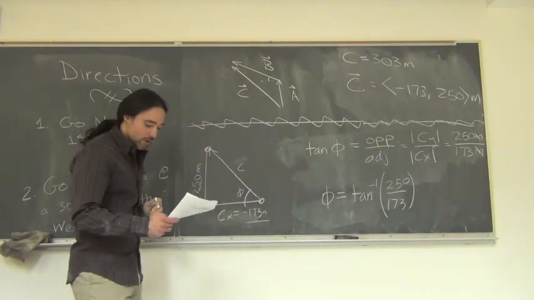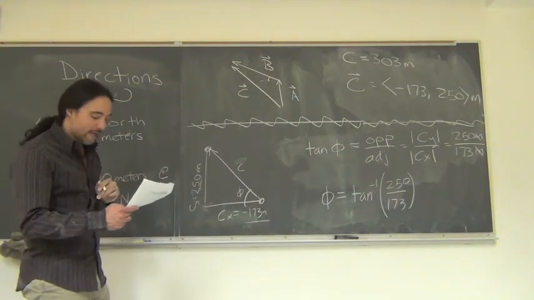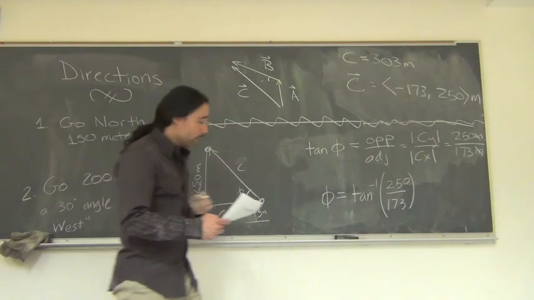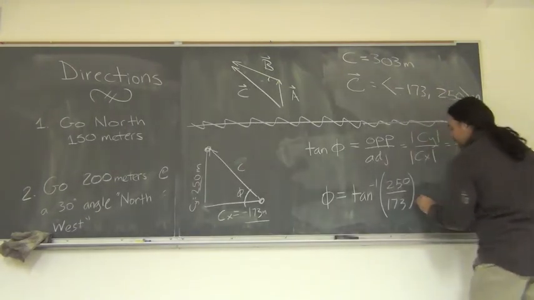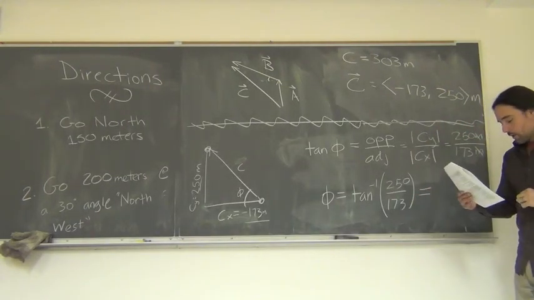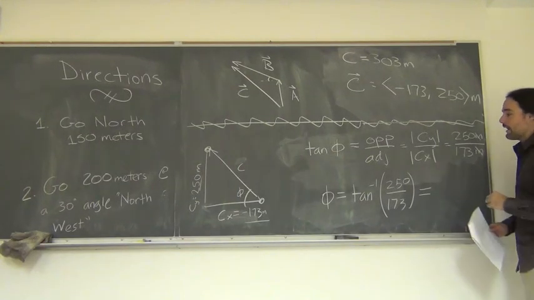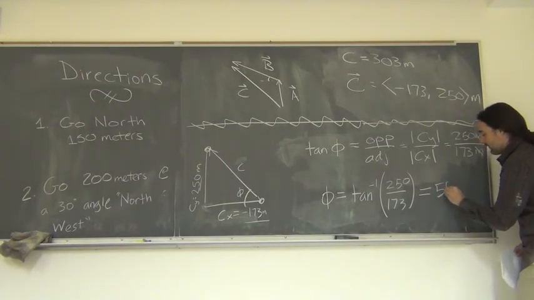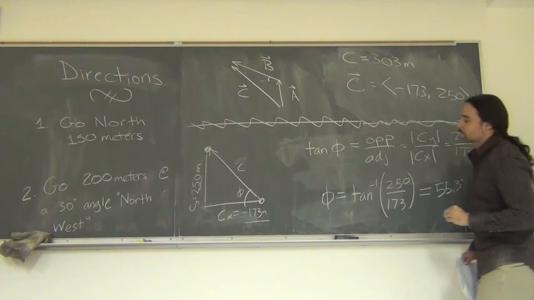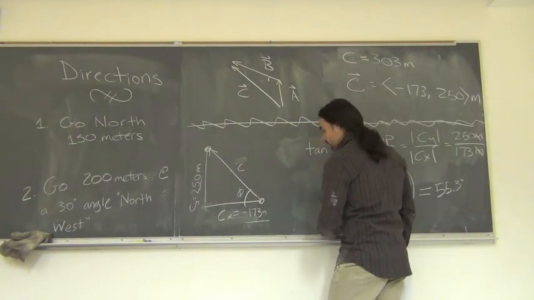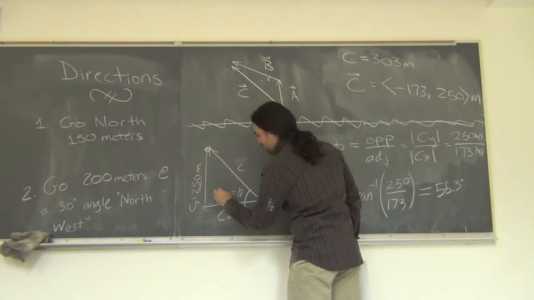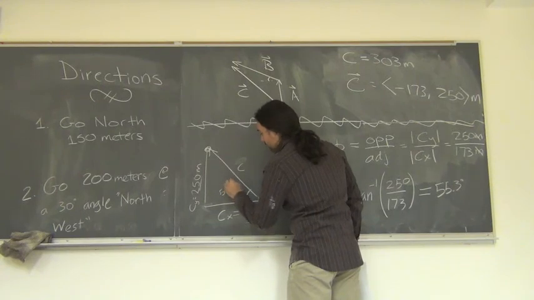It'll be dimensionless, which it should be because this is going to be an angle. And I don't want the argument of the inverse tangent function to have units. It turns out this angle will be about 55.3 degrees. And I can write this angle is 55.3 degrees.